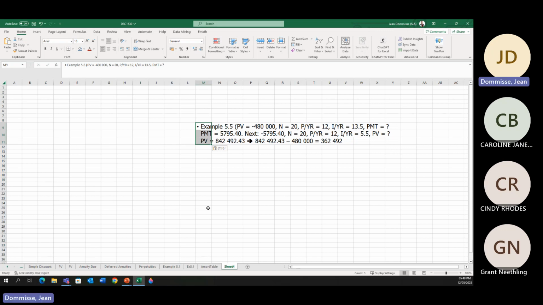So they tell us in example 5.5, suppose that the interest rate on Jonathan's loan of 480,000 will remain fixed at 13.5% for a full term of the loan. What is the total real cost of the loan if the expected average rate of inflation over the term of the loan is 5.5% per year?